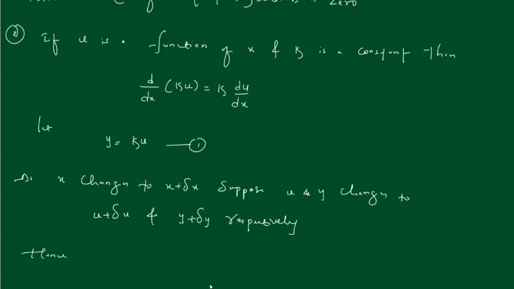So hence y plus delta y is equal to k times u plus delta u. Take it as equation 2.